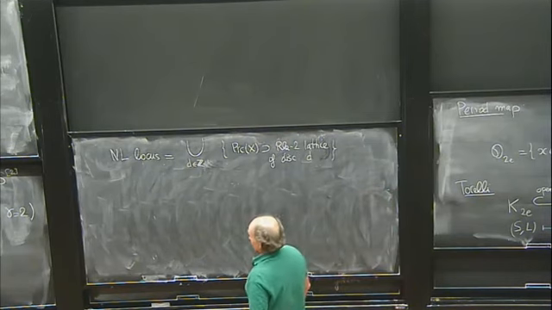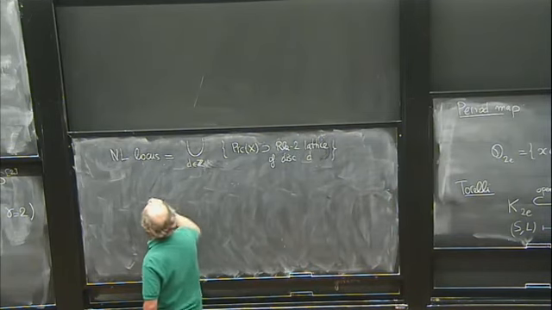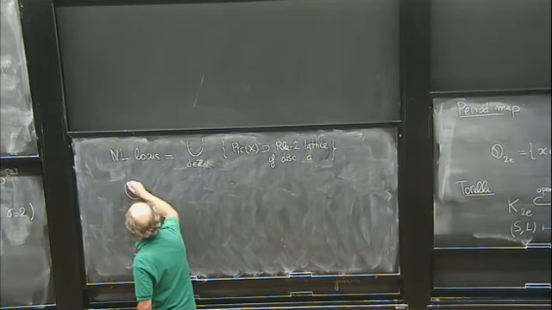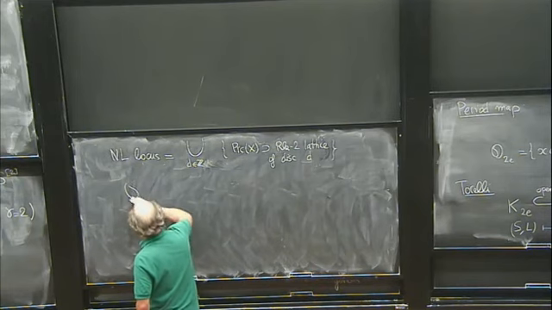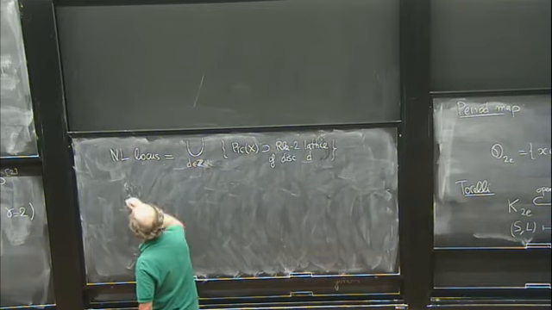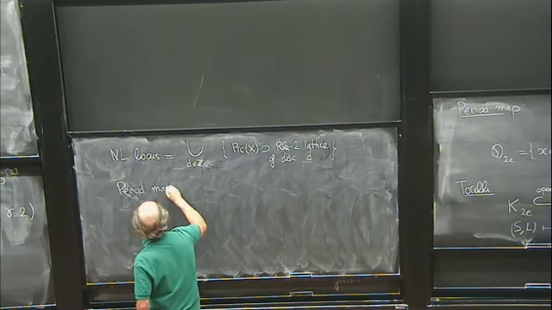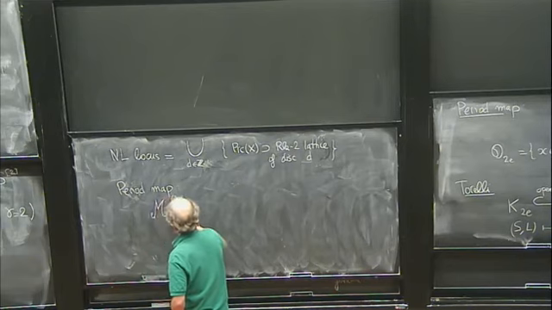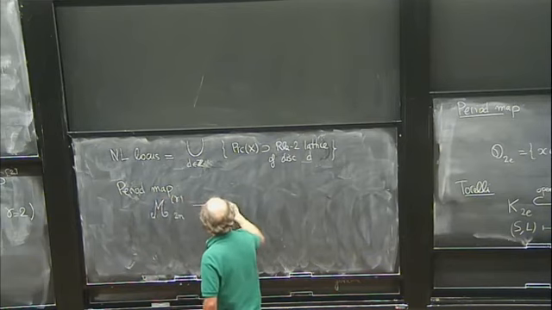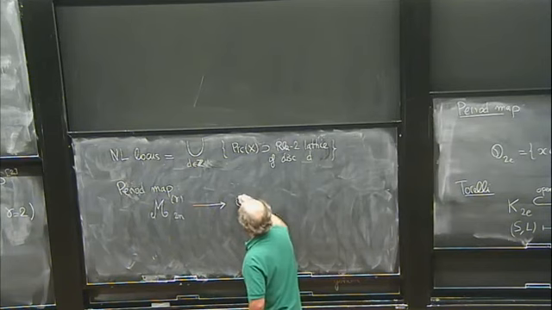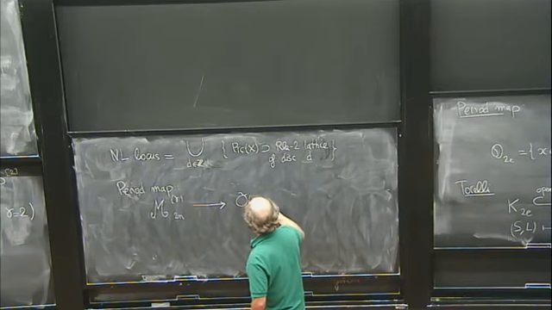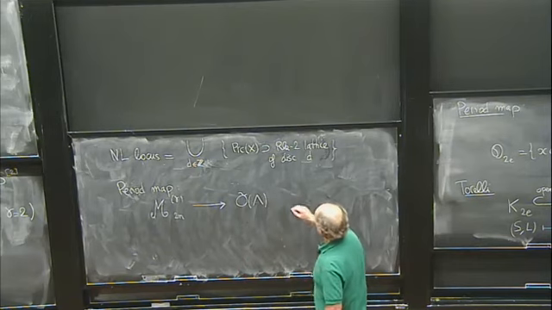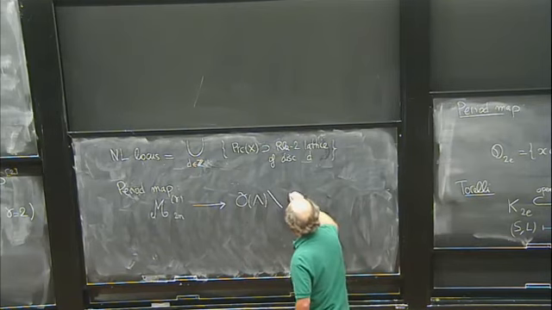So remember we had this period map, which I never defined, which goes from the moduli space M to some quotient by an orthogonal group of a period domain.